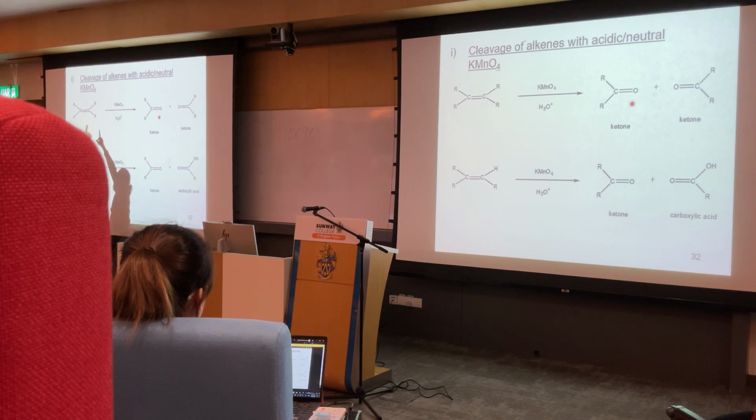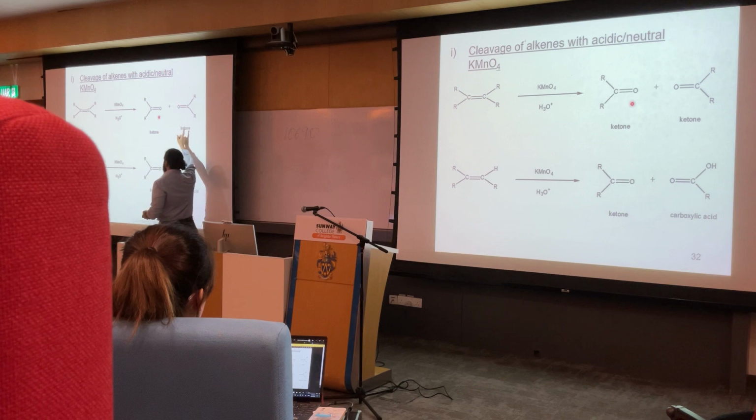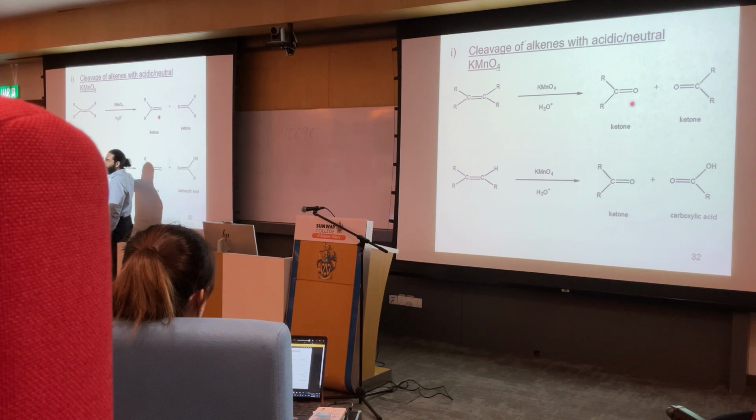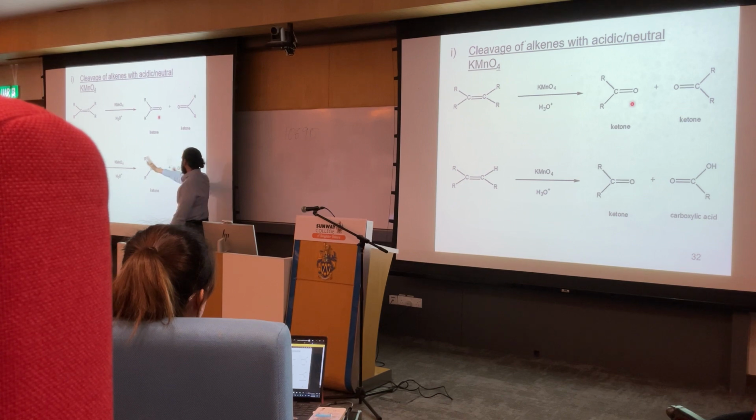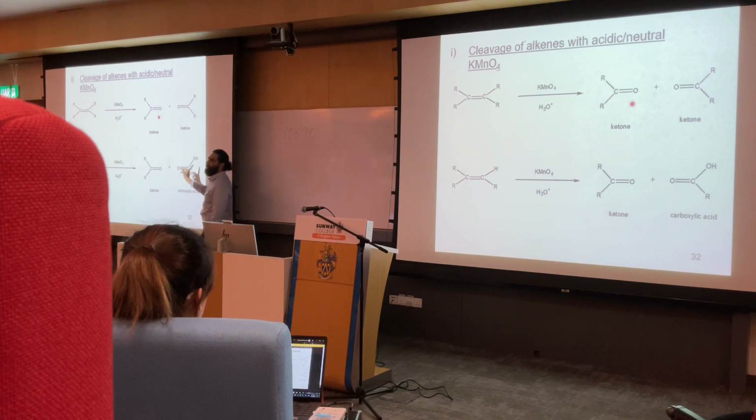If your alkene is tetrasubstituted, meaning there is no hydrogen on any of the carbon-carbon double bond carbons, then we will get two ketones. But if there is at least one hydrogen, then we will get one ketone from the other side, and from this side we will get a carboxylic acid.